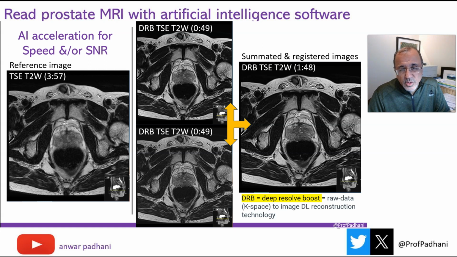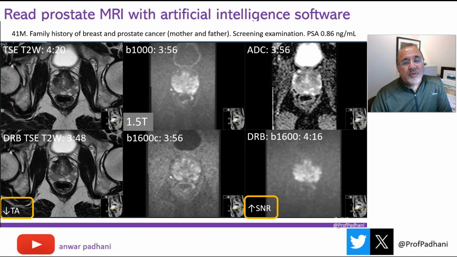In the center panels you'll see one acquisition using Deep Resolve Boost, an AI accelerated method that enables you to acquire an image with less artifact, and when you add the two images together you end up with that image on the right hand side, and that is in total 1 minute 48 seconds. So this is summated and registered to give you the final image, which you see on the right hand side, which of course is a better quality.